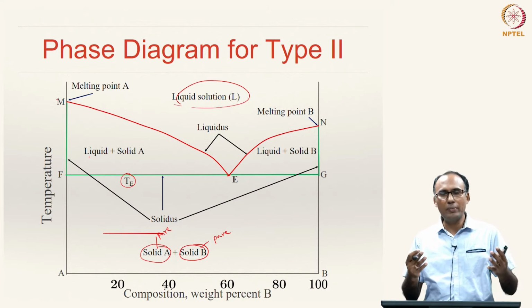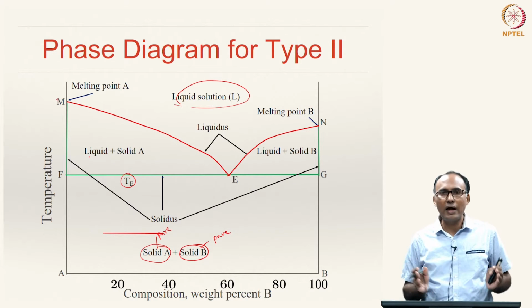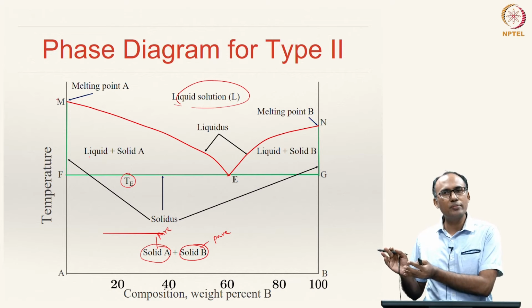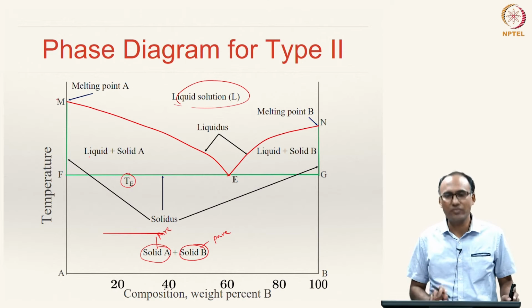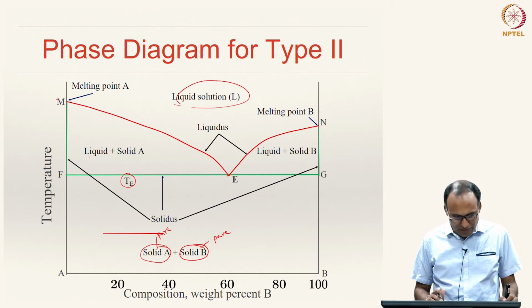So, the composition will be only pure solid A and pure solid B, even though it is a two phase region in some sense. 100% will be solid A, 100% will be solid B, and their weight fractions are going to be different, which we can get through the tie line that we draw.